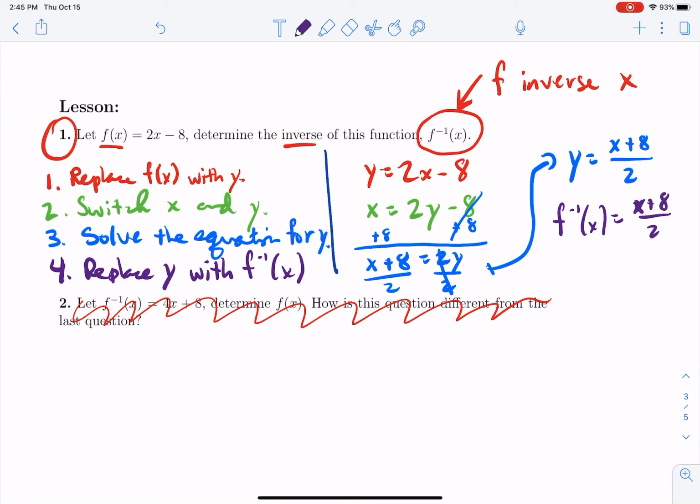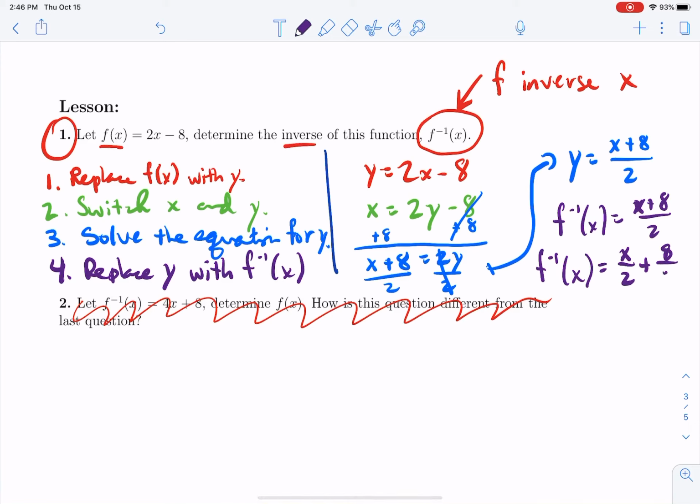Now, a special note, this is absolutely 100% correct, but what I can do, and what's sometimes done, is split this fraction into two separate pieces. I can write this as x divided by 2 plus, now what's 8 divided by 2? It's 4. Let me write it out so you can see how I got 4.